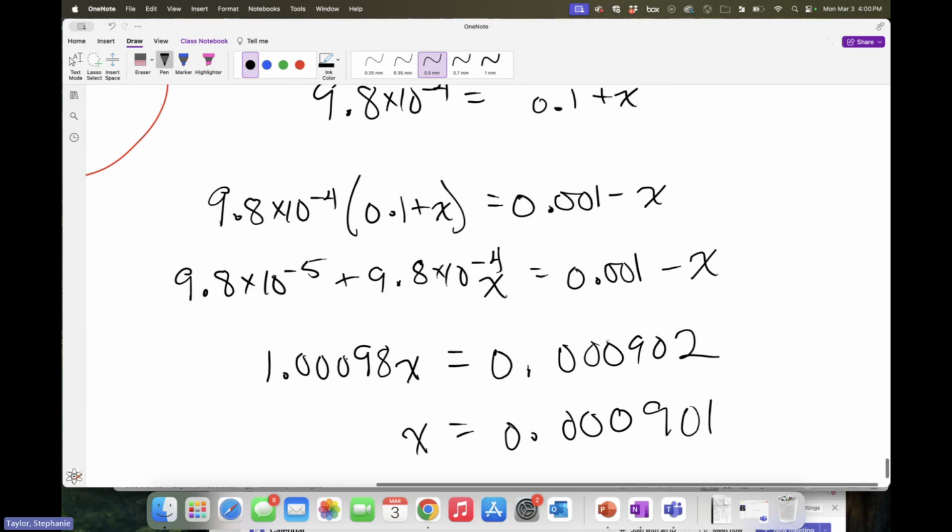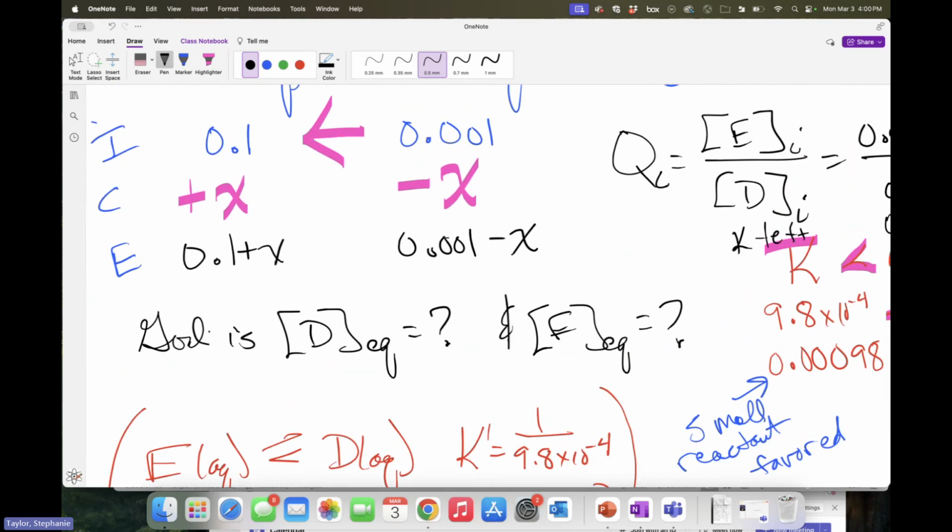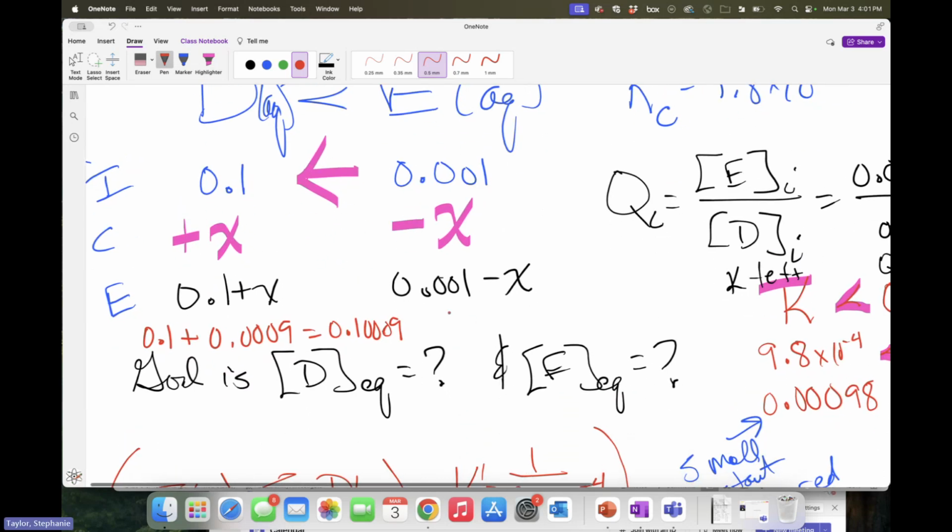And my goal was to figure out my equilibrium concentrations. So I can go back to my table, and what I should be able to do now is take 0.1 plus 1, 2, 3, 9, and get an equilibrium concentration for my new amount of D and an equilibrium concentration of my E. This is the part where I am glad we have calculators.